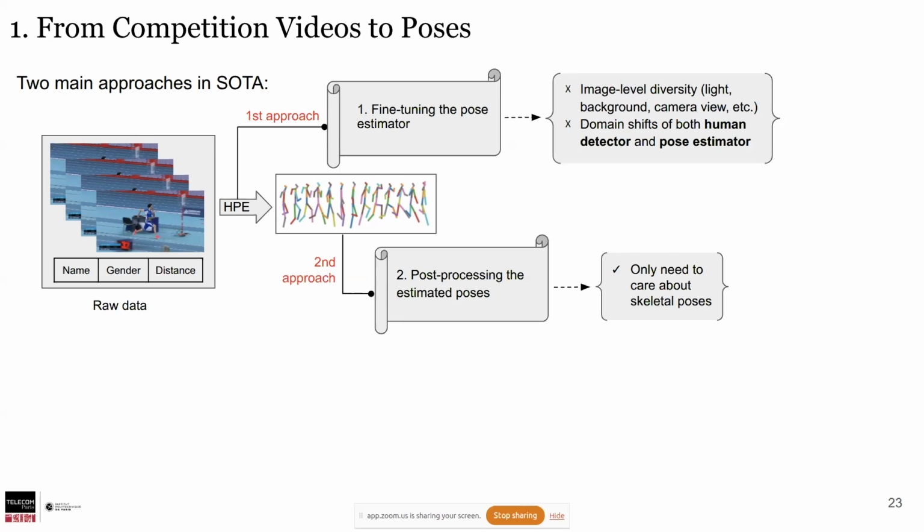The first approach is fine-tuning the pose estimator. This works on the image, so the image-level diversity, like light, background, and camera view, will influence the performance, and there will also be domain shifts as we addressed.